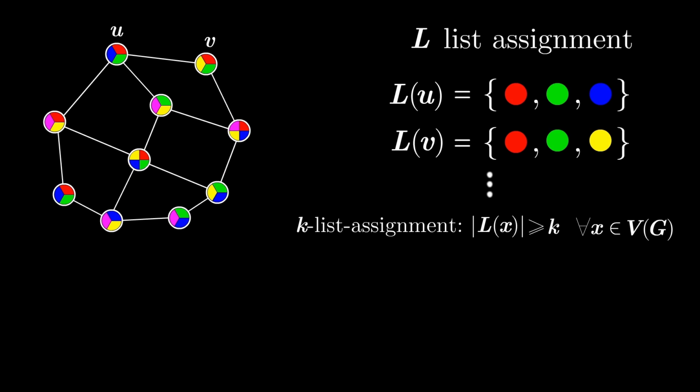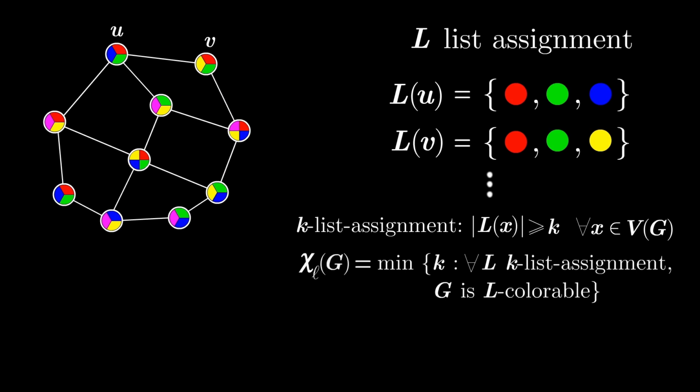Recall that the chromatic number, usually denoted by the Greek letter chi, is the minimum number of colors needed to color the graph in our old regular vertex coloring. Now, we say that the list chromatic number, chi sub L, of a graph G is the minimum number k such that for every k-list assignment L, G is L-colorable.